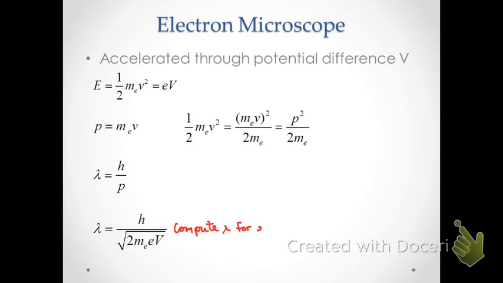So one thing you are to do associated with the worksheet for this particular video is to calculate the wavelength for an electron accelerated through a potential difference of 50,000 volts. And you'll find that this wavelength is indeed very small, much smaller than that which is associated with optical light, and that very small wavelength then allows us to image smaller objects than would be possible through optical microscopy.